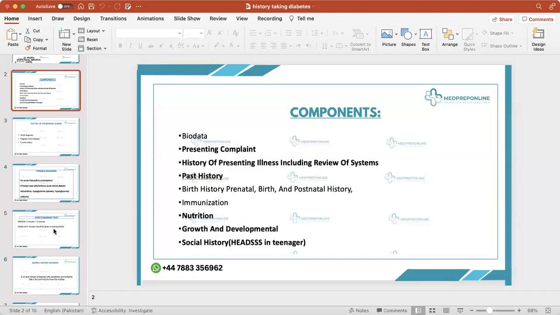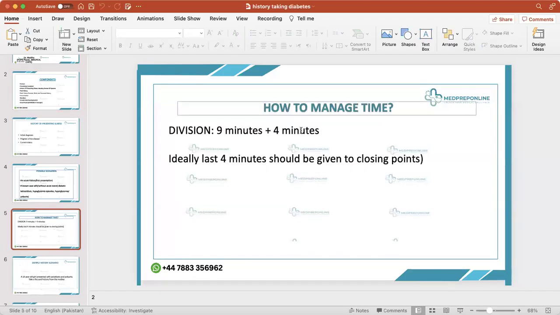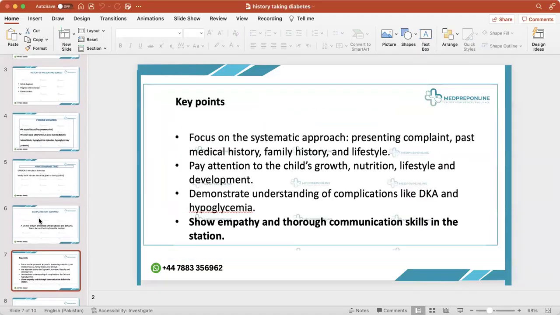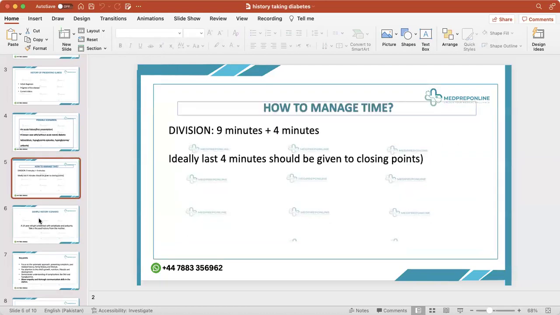Apart from this, like I said, we have talked about the possible scenarios and how you manage time. So for the first 9 minutes, you have to keep it open-ended, you have to be slow, you have to be very empathetic. You have to stay empathetic throughout.